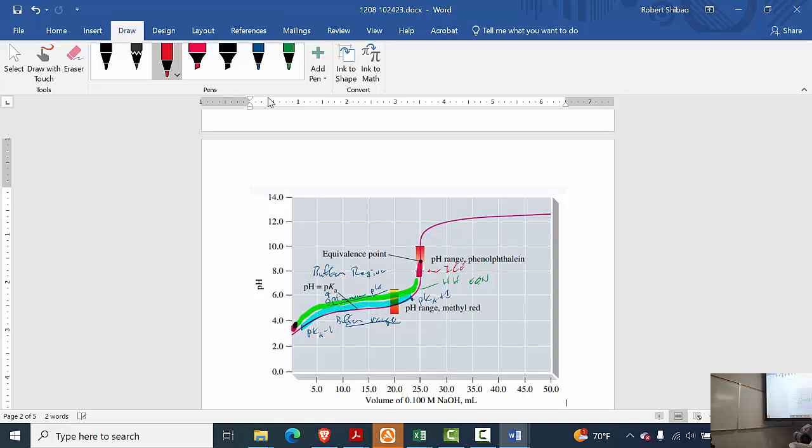The HH allows us to skip the ICE table, but at the extremes, we're going to have to use the ICE table because this is practically all sodium acetate here, and this is practically all acetic acid here with barely any acetate, and this has barely any acetic acid. In that case, the HH equation fails because the HH equation relies on the simplifying assumption working, and if the concentration of one or the other species is so small, then it's not going to work. It's going to be a more significant change.